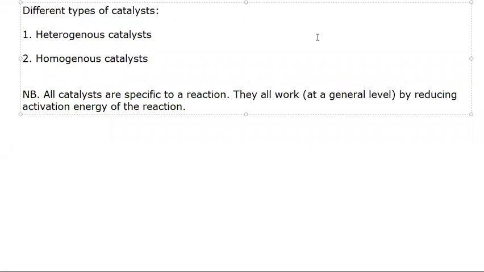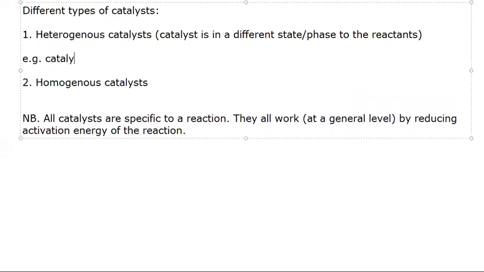So these are quite fancy words, but essentially heterogeneous catalysts, as far as you're concerned, is basically the catalyst is in a different state or phase to the reactants. So for example, the catalyst is nickel and the reactants are gases. So for example, nickel metal, so it's solid and the reactants are gases, or any sort of thing like that.